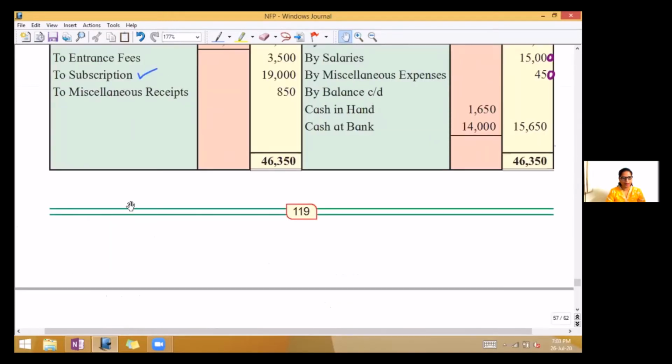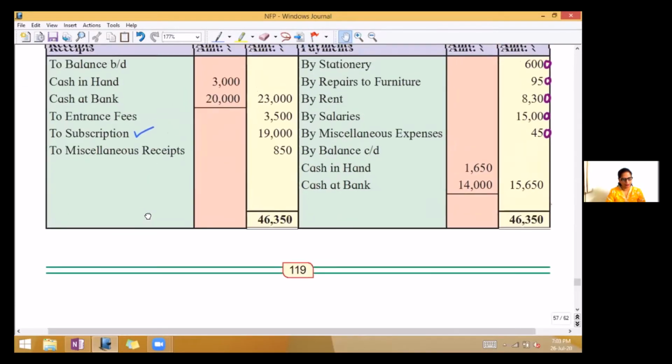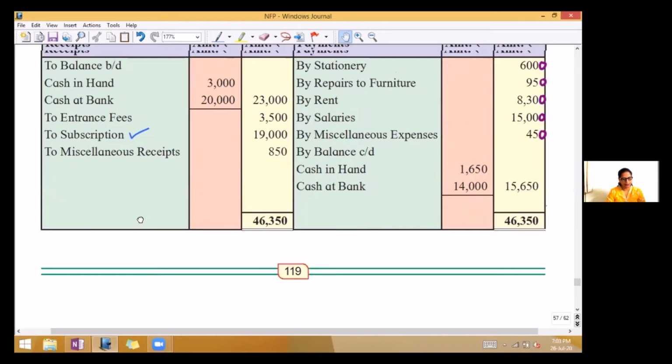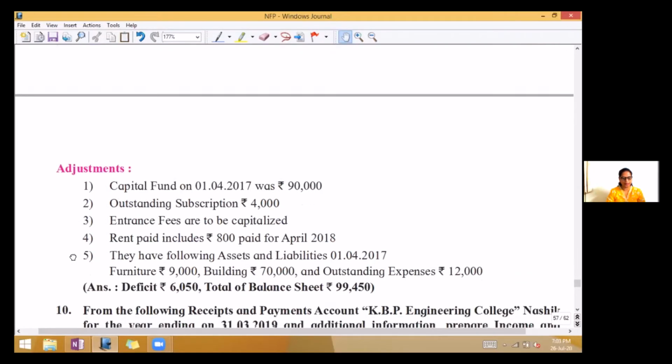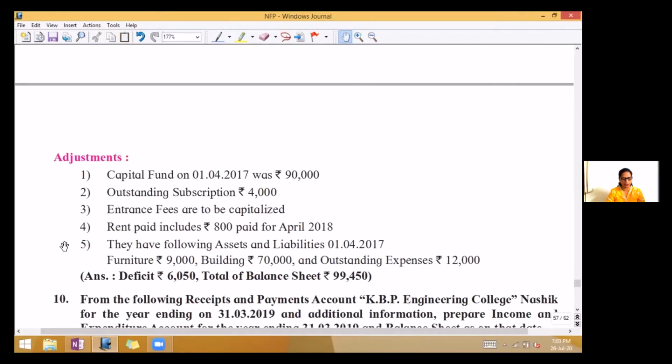Next, rent paid includes rupees 800 paid for April 2018. Mark rent. Fifth, they have following assets and liabilities on 1st April 2017: furniture 9,000, building 70,000, and outstanding expenses rupees 12,000.